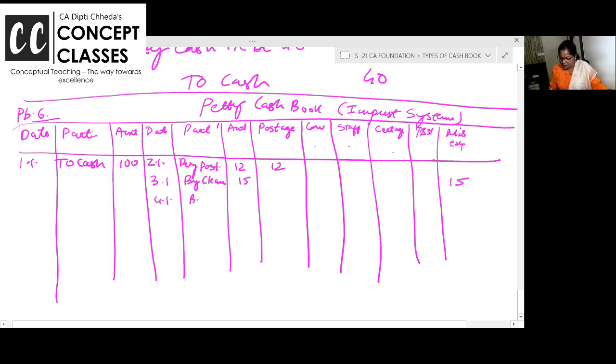4th of January, you are paying some auto fare or anything. That is 16 rupees and it will come in conveyance. 5th of January, tea coffee expense, 15 rupees, miscellaneous. Next is 6th of January, cycle.